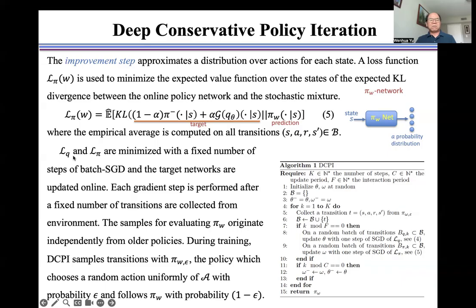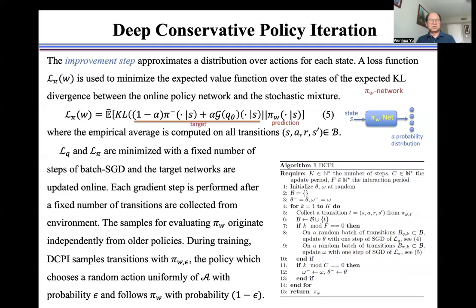Error Q and error pi are minimized with a fixed number of steps of batch SGD, and the target networks update online. Each gradient step is performed after a fixed number of transitions are collected from the environment. The samples for evaluating pi w originate independently from older policies.